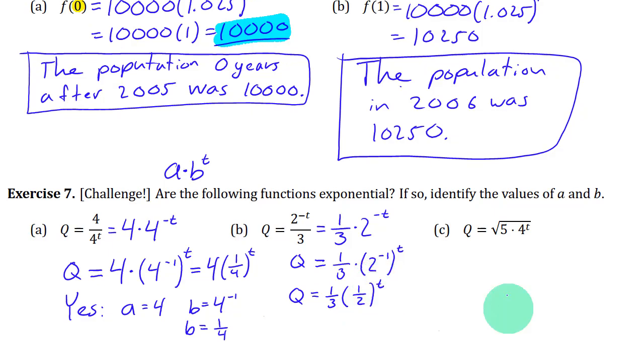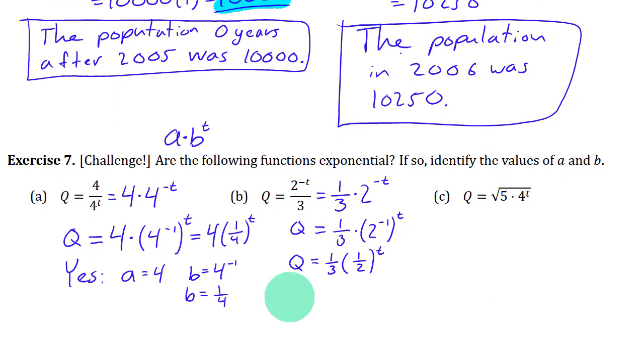So this is another equivalent way of writing that. So yeah, this is exponential. The a is 1/3, the b is 1/2, and you could also write that as 2 to the negative 1, same deal.